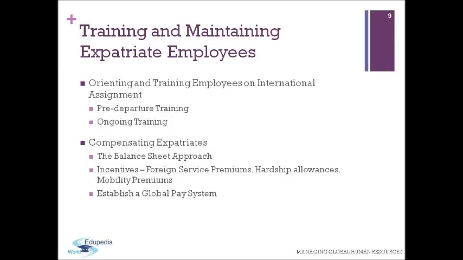Then we have hardship allowances, which compensate expatriates for hard living and working conditions at certain foreign locations. So, for example, US diplomats posted to Iraq receive about a 70% boost in base salary, among other incentives. And then we have mobility premiums, which are typically lump-sum payments to reward employees for moving from one assignment to another.